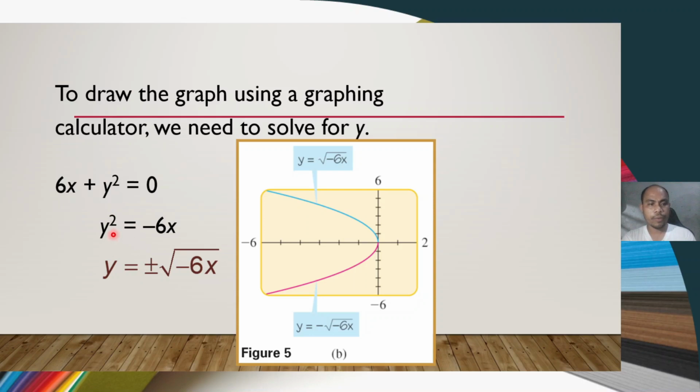And then, mag-square root tayo both sides para mawala si 2 dito. So, y equals to plus and minus square root of negative 6x. Then, if you're going to encode this one in your graphing calculator, the result will be this graph here, in which the graph opens to the left because our p again is less than 0.